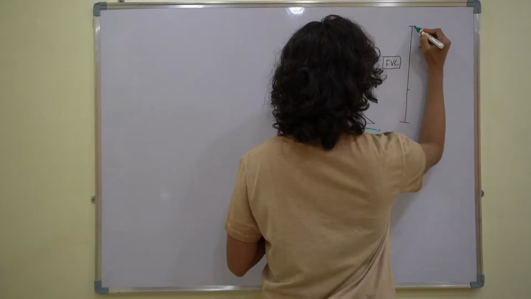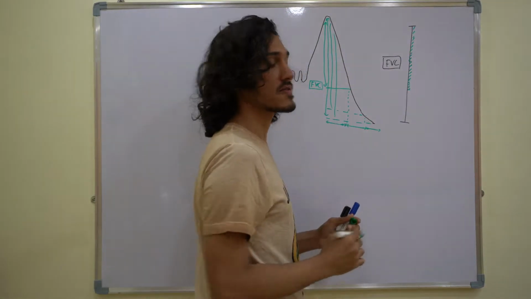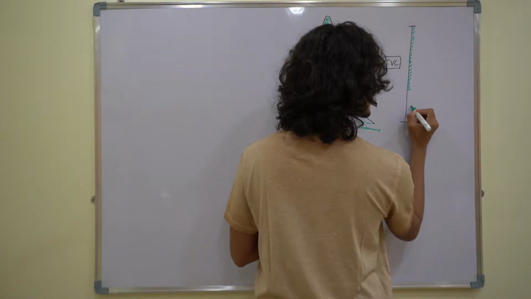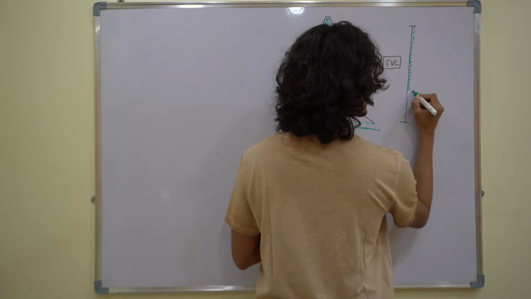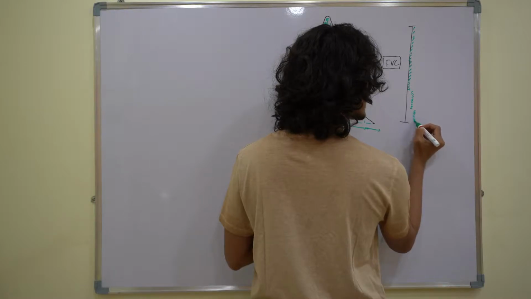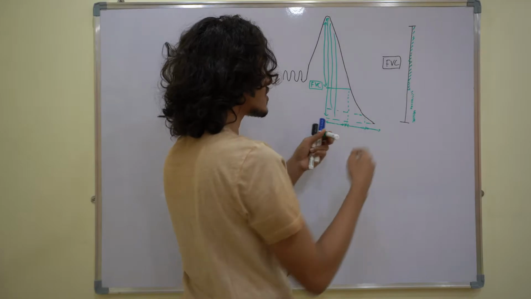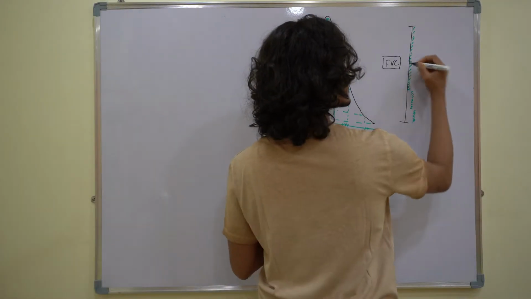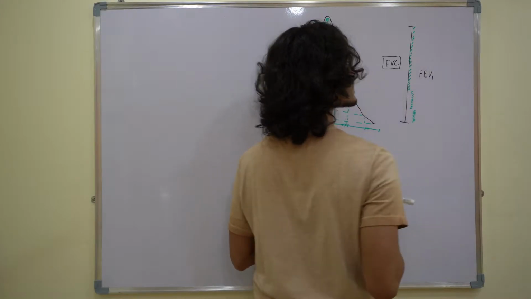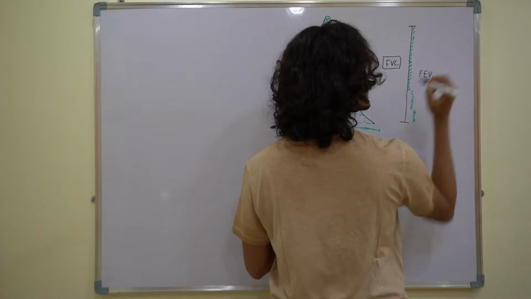In the second second, a little more came out. And in the third second, again more was expired. The volume expired at the end of the first second is what is called FEV1.